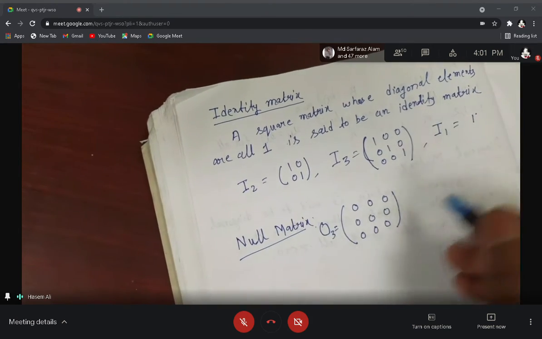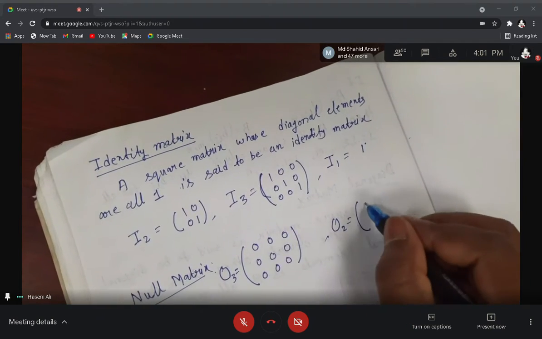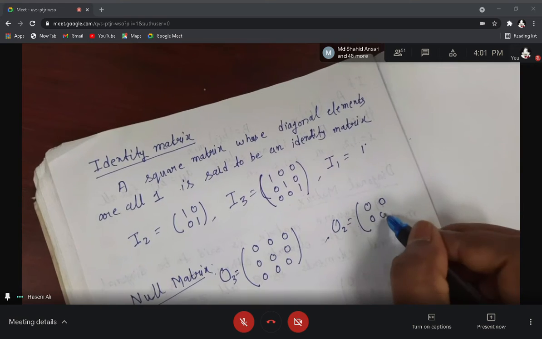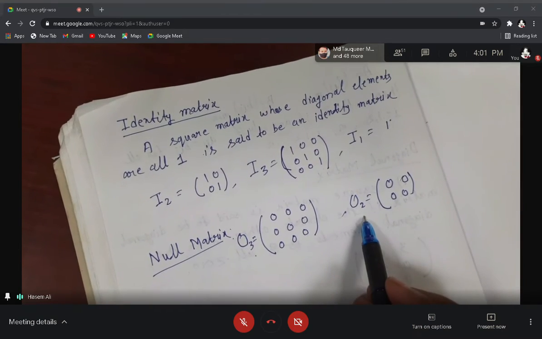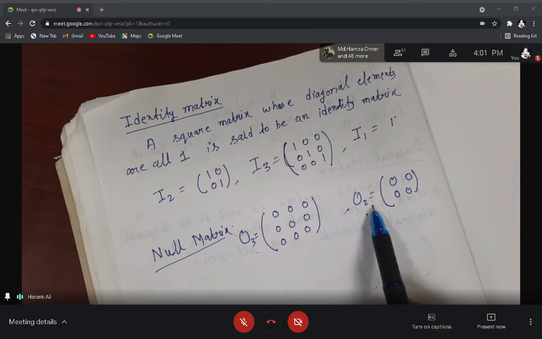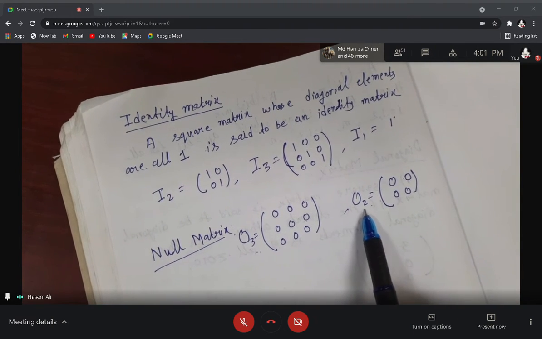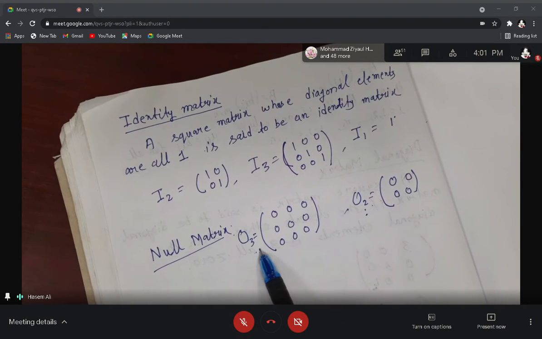O2 means the null matrix of order 2, 0 0 0 0. O3 and O2 are not equal because the order of one is 3 by 3 and the other is 2 by 2, but both are null matrices.